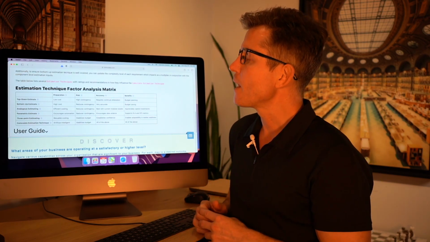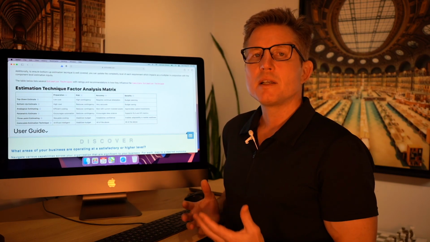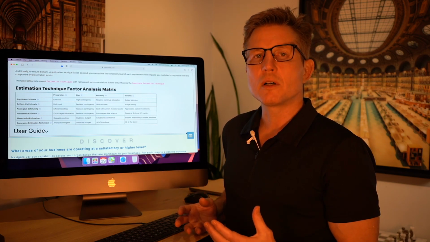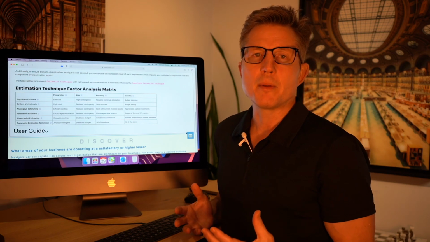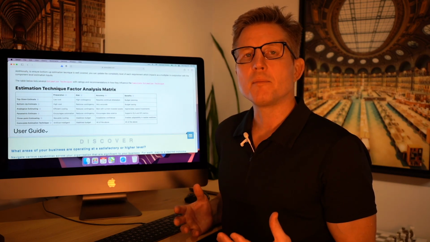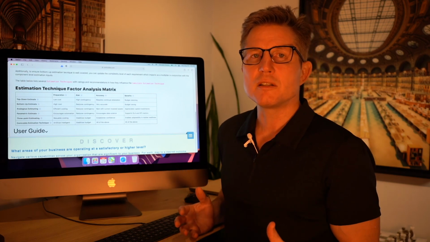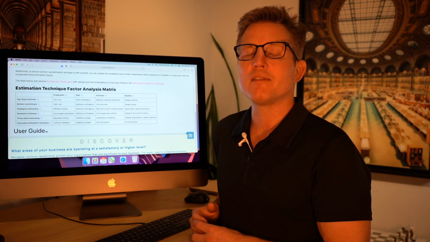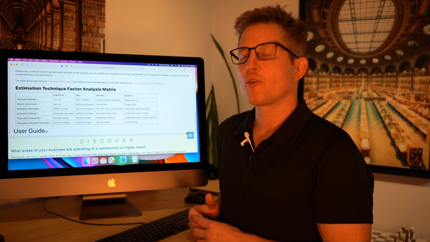If we look at top-down, the top-down estimate is where you start with a high-level feature or a component, and from there you either have learned from the past, so you can take a high-level ballpark from past initiatives, or you have a third-party consultant who can provide you with a high-level ballpark of what most likely is the estimate for the cost.